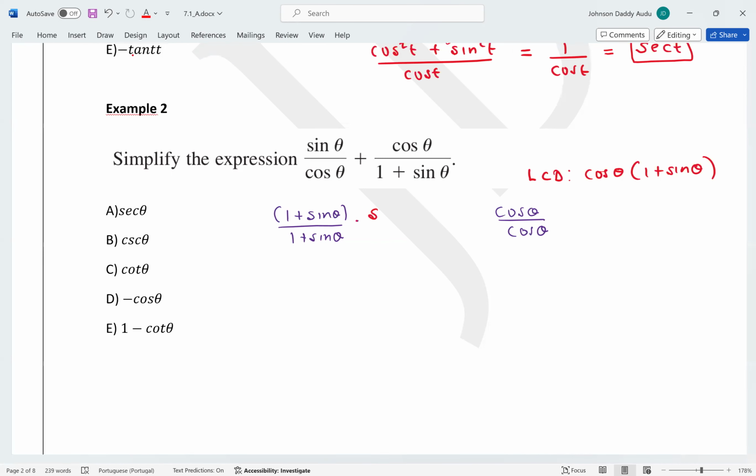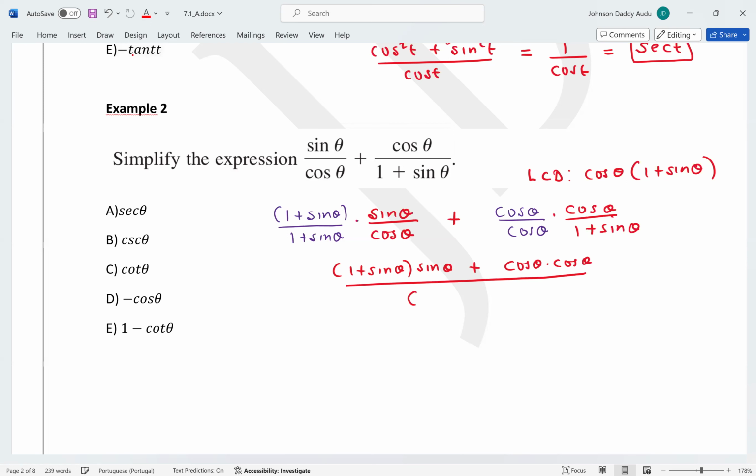So here we have sine theta over cosine theta, and we have the plus, and here we can write this. Multiplication is commutative. So now, you see, this will just be 1 plus sine theta multiplied by sine theta plus cosine theta multiplied by cosine theta.